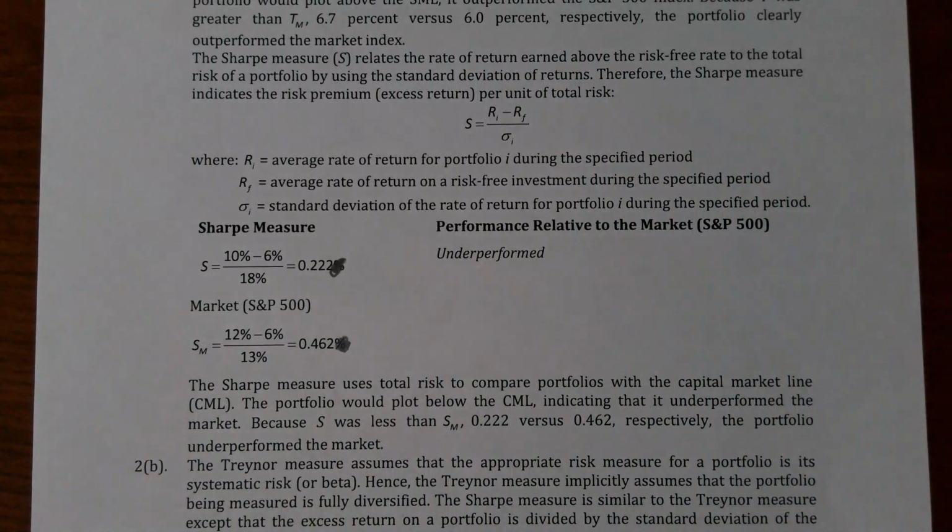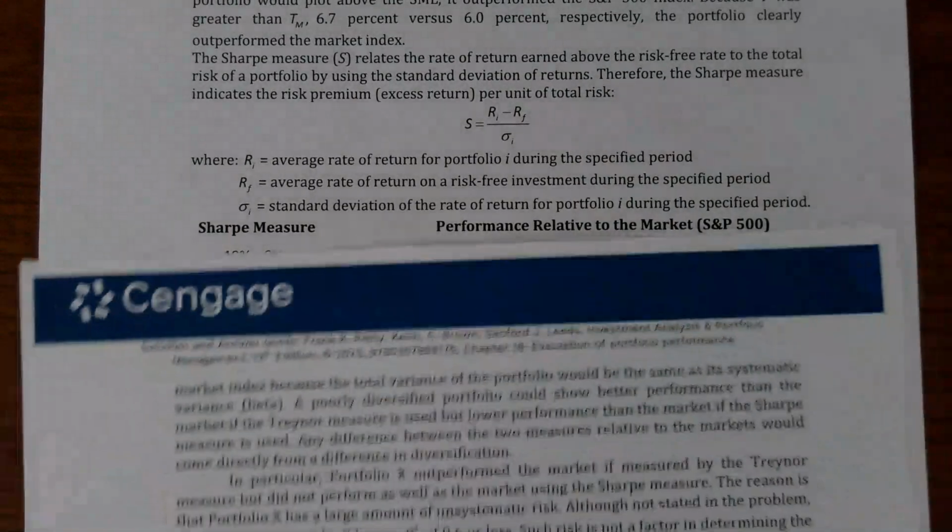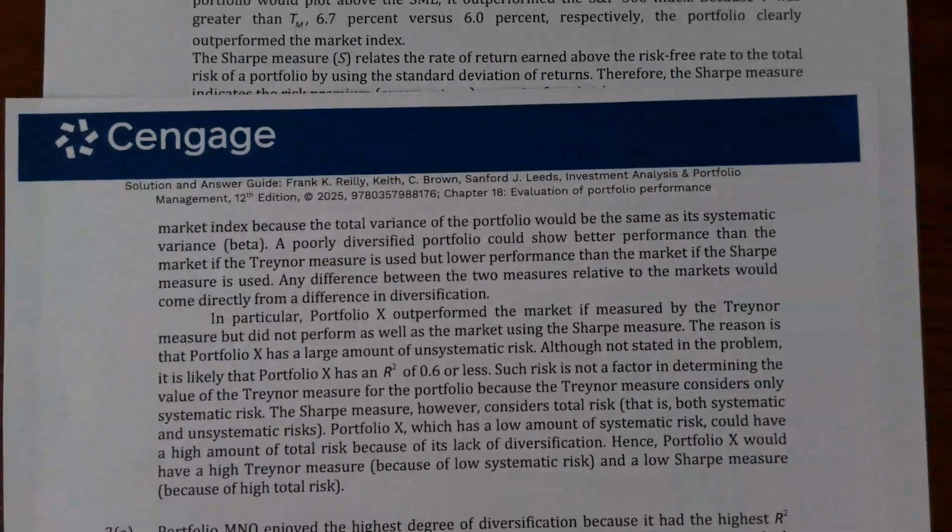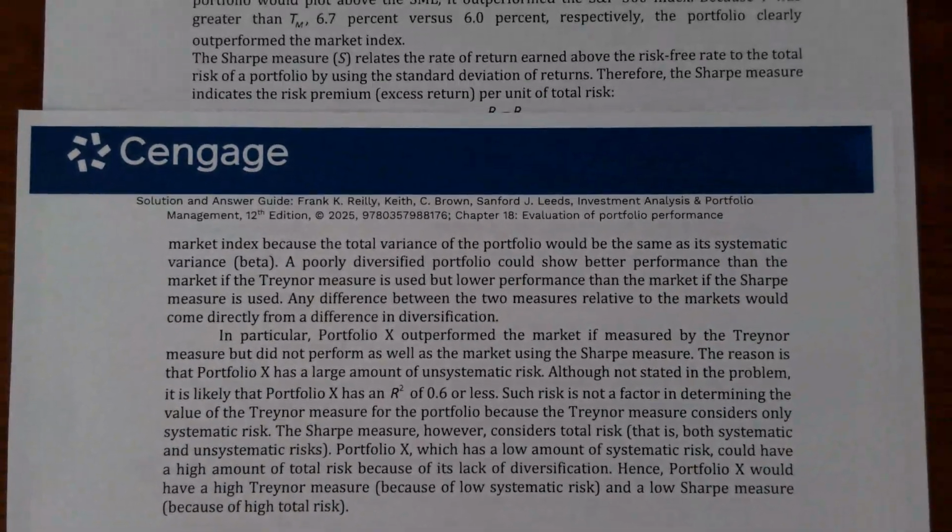Right? Now, I won't read this to you. When you're studying, you can read this and feel free to send me an email and ask me anything about that, right? Portfolio X outperformed the market if measured by the Treynor measure, but did not perform as well as the market using the Sharpe measure. The reason is Portfolio X has a large amount of unsystematic risk present, right?